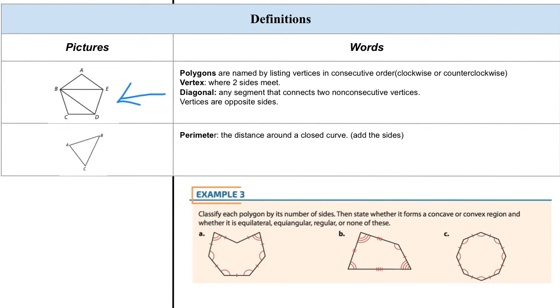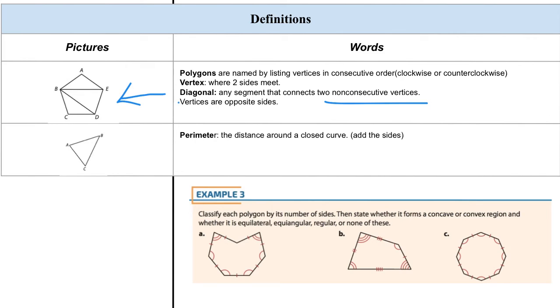A vertex is where two sides meet. So all your lettered points, A, B, C, D, and E, are vertices. A diagonal is any segment that connects two non-consecutive vertices. Okay?